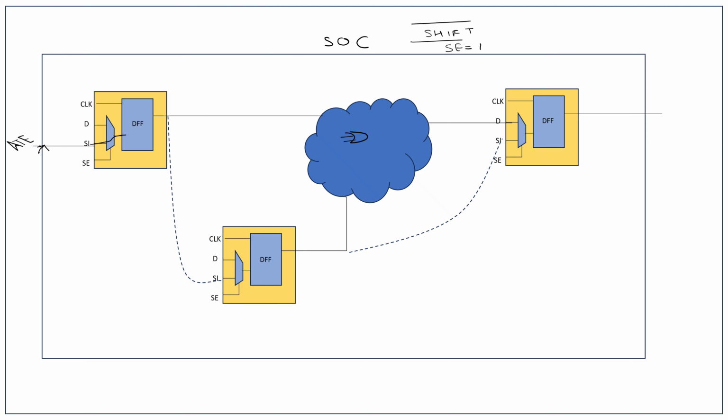Let's say we loaded this flop with 1, this scan flop with 0, this again scan flop with 1. So now, as soon as our shift procedure is completed, we bring the scan enable down, and eventually we are entering into the capture phase. In the capture phase, the mux within the scan flop is being driven by the D leg.